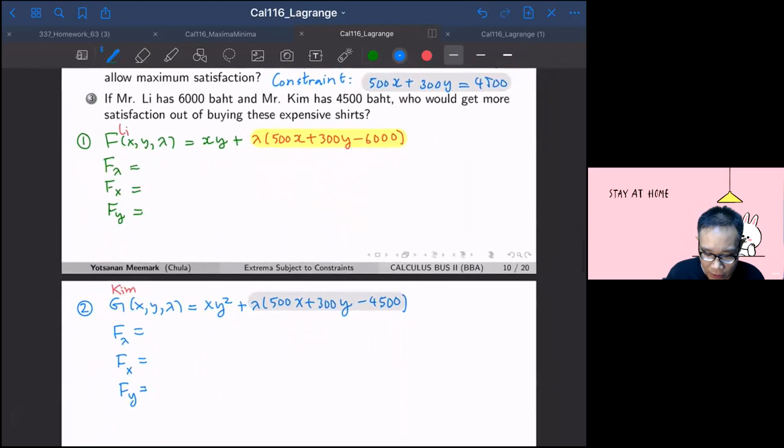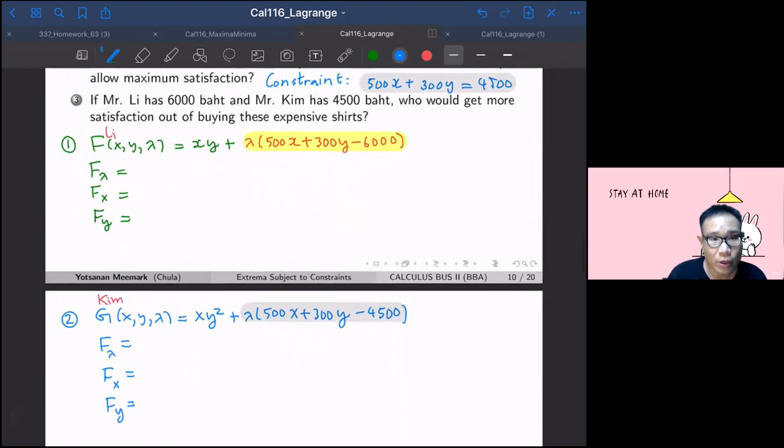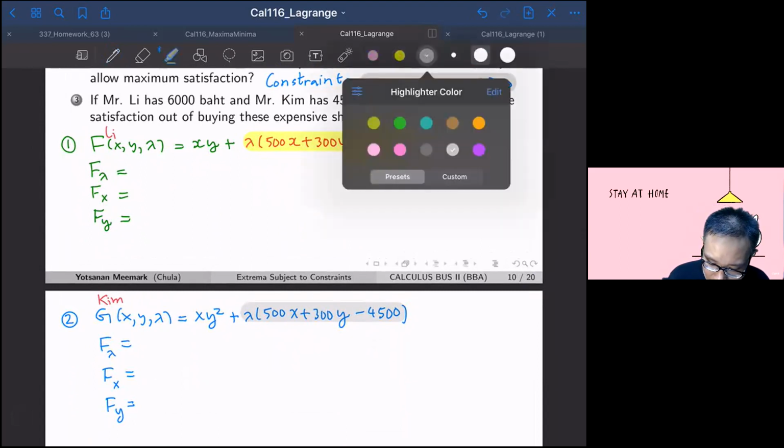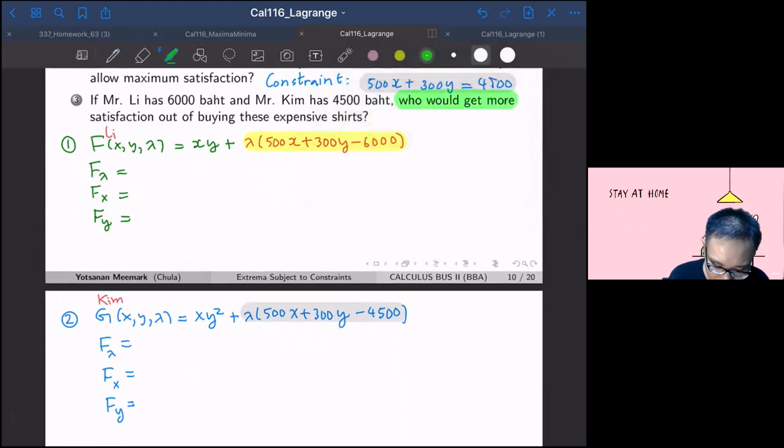Okay, the third question asks you to compare who would get more satisfaction. So you have to compare number 1 and number 2 in order to answer who would get more satisfaction.